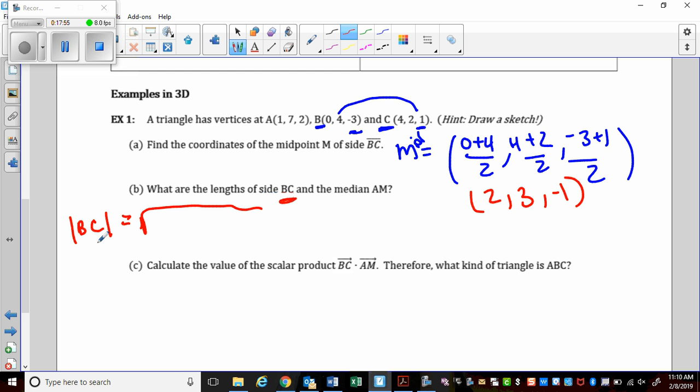First, I need to find BC. So BC is, remember, it's C minus B. So C is 4 minus 0, 2 minus 4, and 1 minus negative 3.